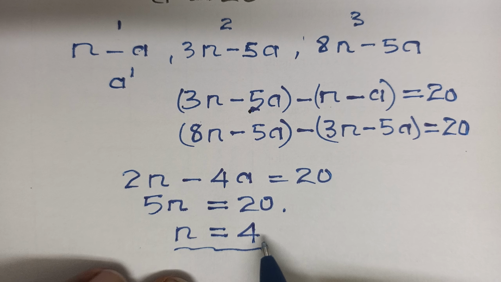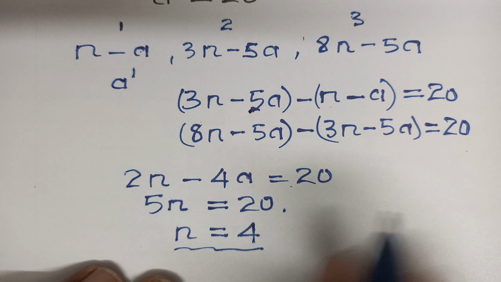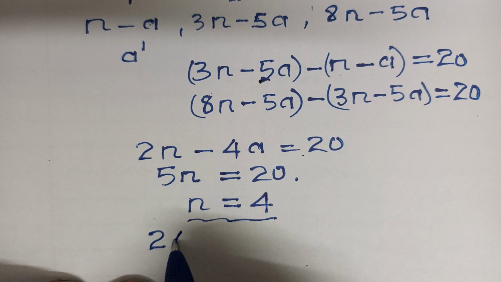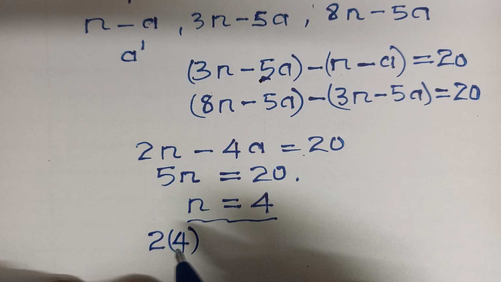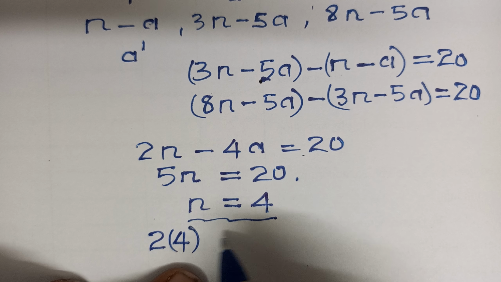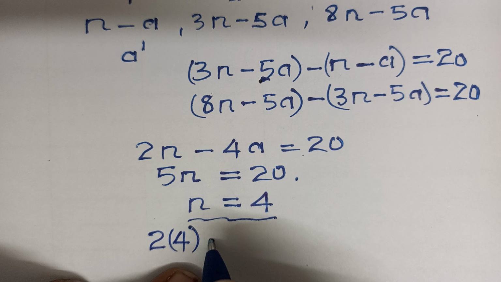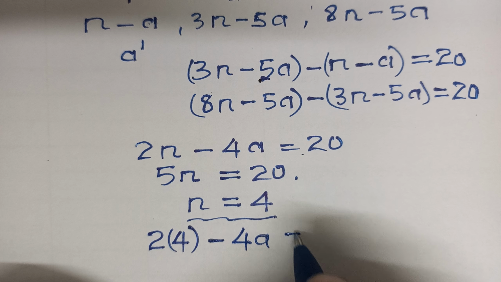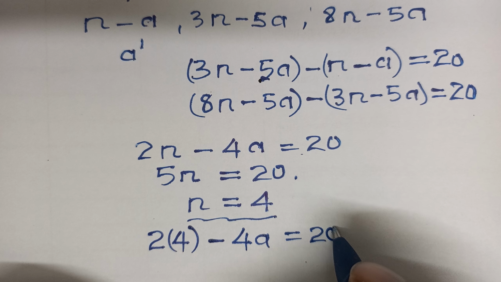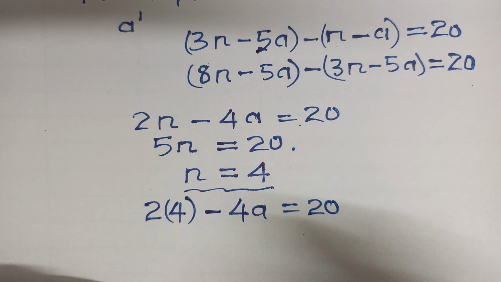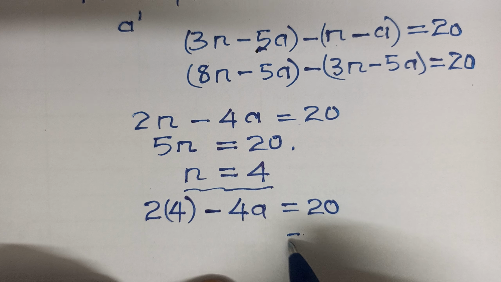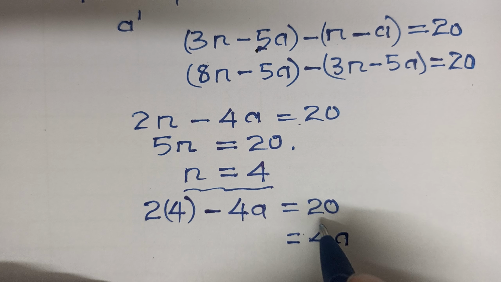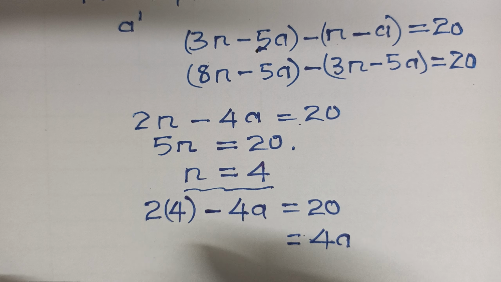Now, using this, we can substitute for n in this equation. And so we shall have 2 times 4 in the place of n, minus 4a, equals 20. Therefore 4a comes to this side and 20 comes to this side, it becomes negative.